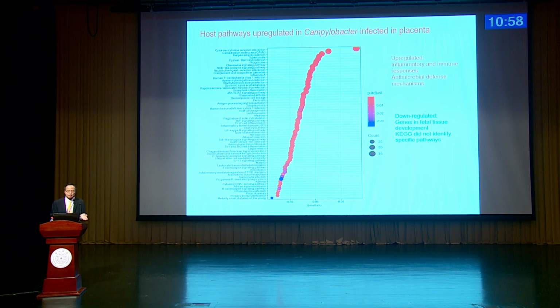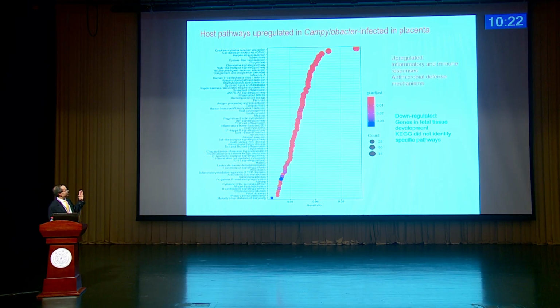We identified a number of pathways upregulated on the host side, but the most prominent ones are inflammatory and immune defense responses, and also antimicrobial defense mechanisms. Many of the genes in these pathways were significantly upregulated. For the downregulated, there are no pathways downregulated, but there are a few genes related to fetal tissue development that are significantly downregulated. So that provides some clues for us.